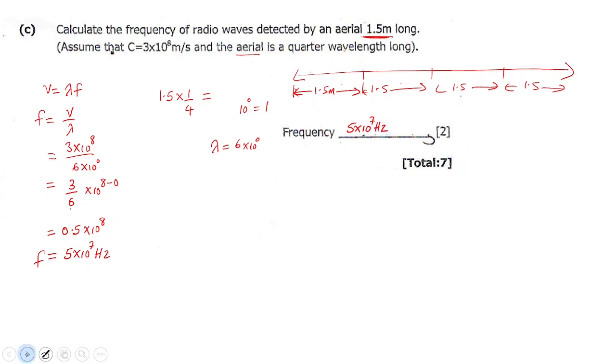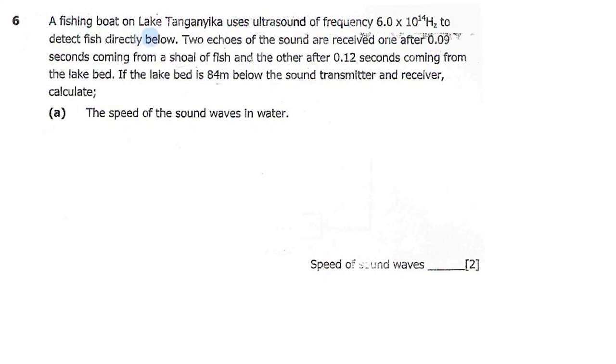Then we move to the next one. A fishing boat on Lake Tanganyika uses ultrasound of frequency 6.0 times 10 to the power 14 hertz to detect fish directly below. 2 echoes of the sound are received, one after 0.09 seconds coming from a shoal of fish, and the other after 0.12 seconds coming from the lake bed.